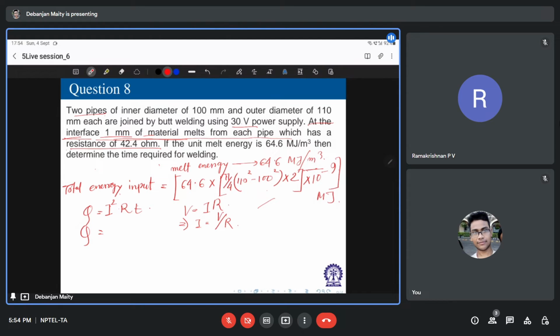Okay, we need to find out the time required for melting. Now if I is equal to V by R, it will be simply Q by V square by R.